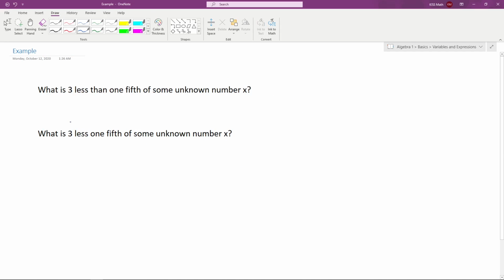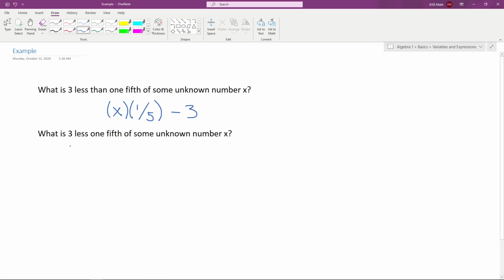So here's an example. If someone says, what is 3 less than 1/5 of some unknown number x? Well, so we have our unknown number x, and we are talking about 1/5 of that. So I'm going to multiply it by 1/5. And what is 3 less than that? So we're going to do minus 3.